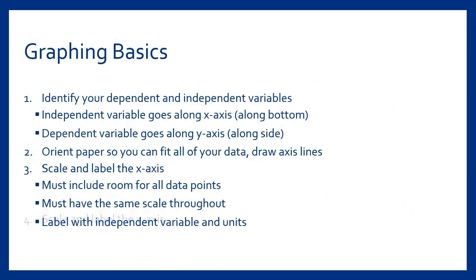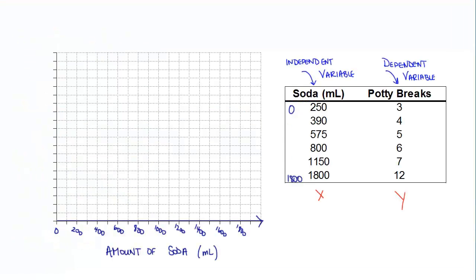The fourth thing you need to do is the exact same thing, except now you're doing it with the y-axis. So remember, the y-axis is going to be the number of potty breaks that I needed to take. And I need to make sure I have enough room for 0 to 12 potty breaks. If I do this and count up by squares, so each square would equal 1 potty break, I have plenty of room for up to 12 potty breaks and even beyond that.